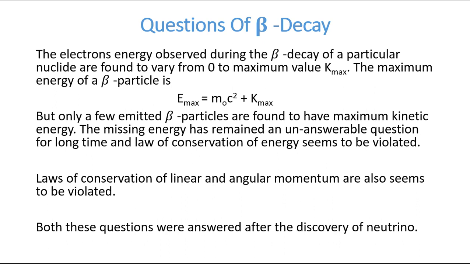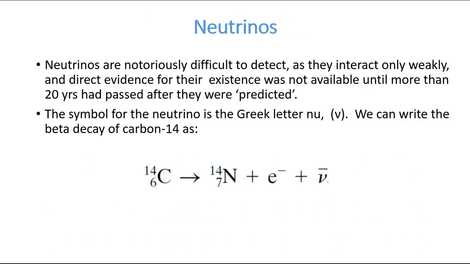The laws of conservation of linear and angular momentum also seemed to be violated when the neutrinos were not discovered. Both questions were answered after the discovery of the neutrino. Neutrinos were initially not detected, but after some time they were. They interact very weakly, and direct evidence of their existence was not available until more than 20 years after they were predicted.